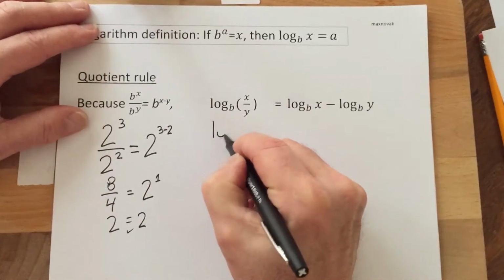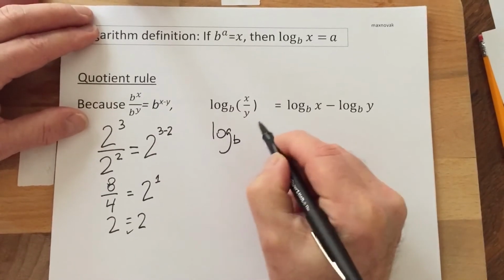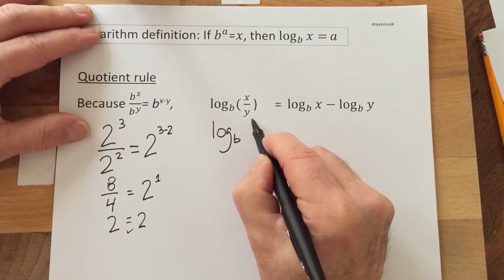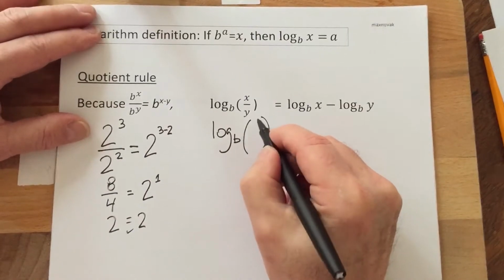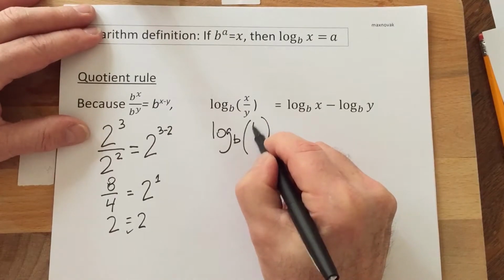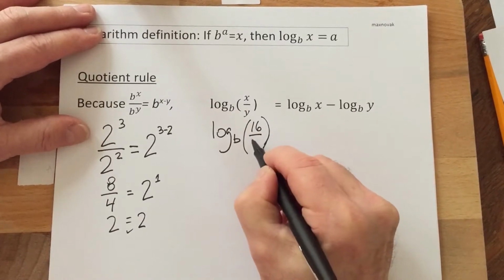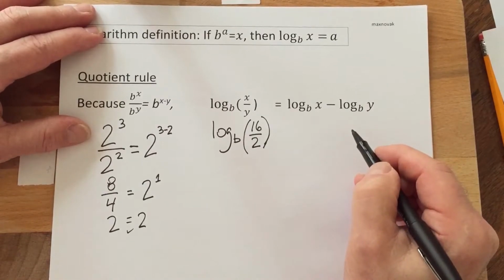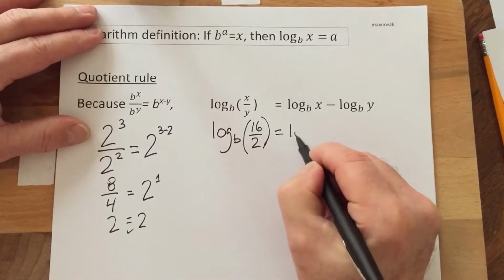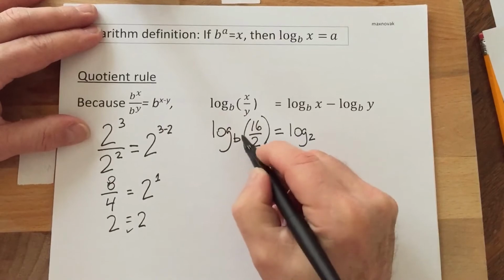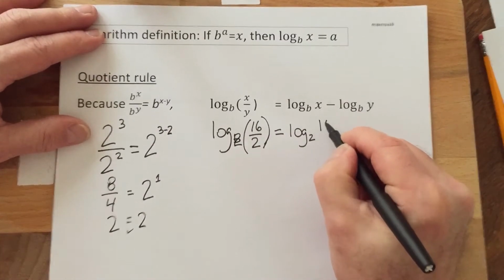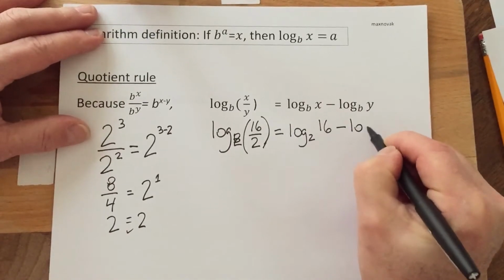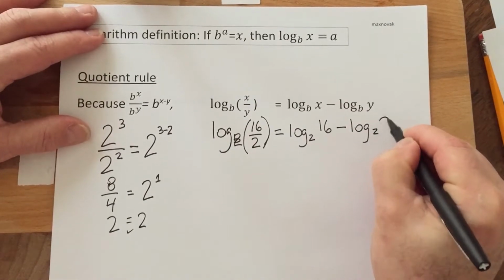So let's look at an example here. Log base b of 16 over 2 is equal to log base 2 of 16 minus log base 2 of 2.